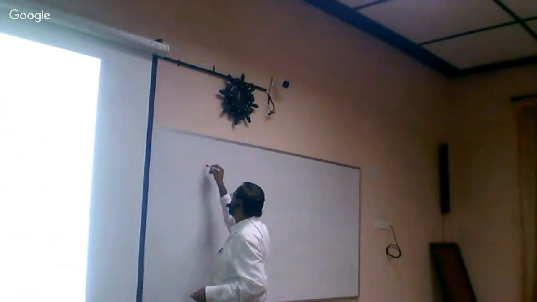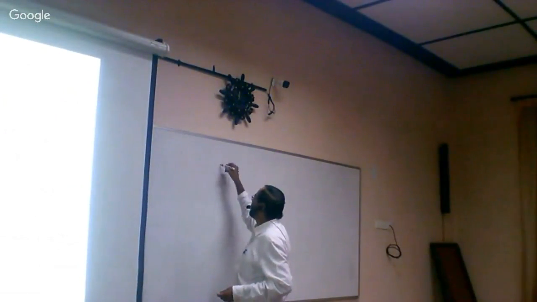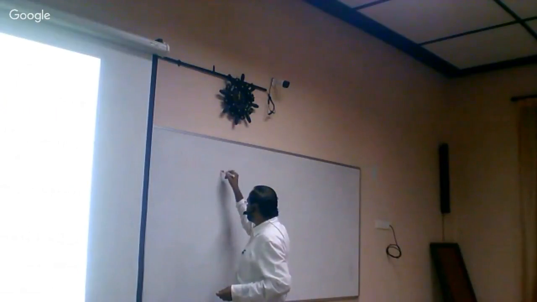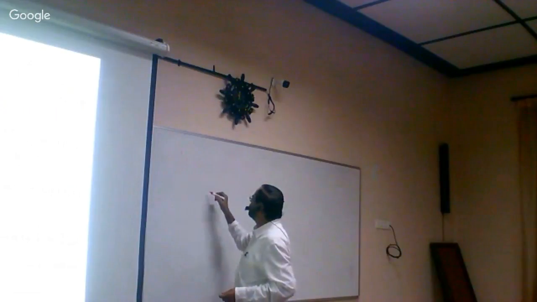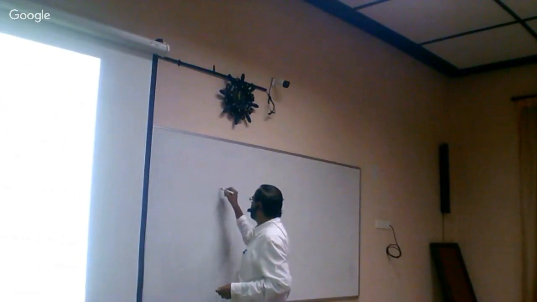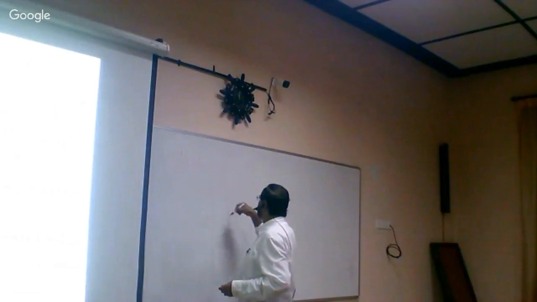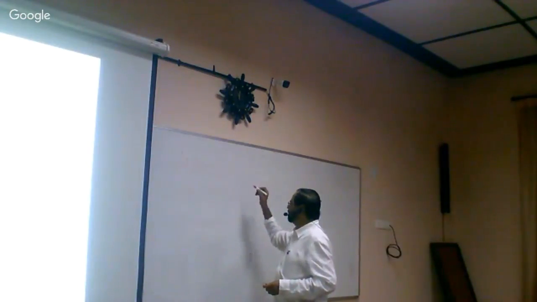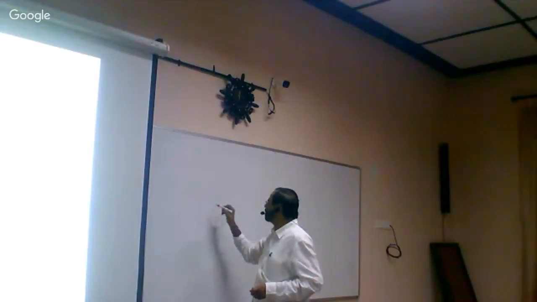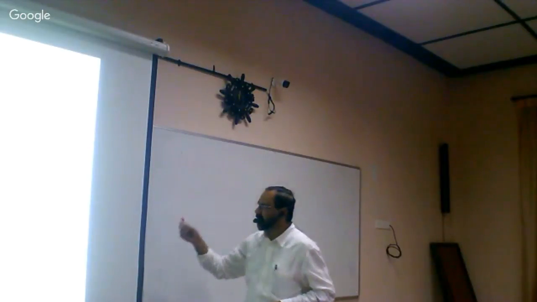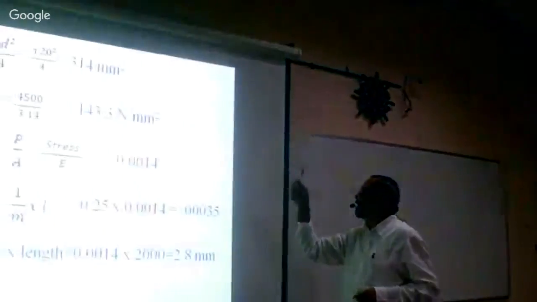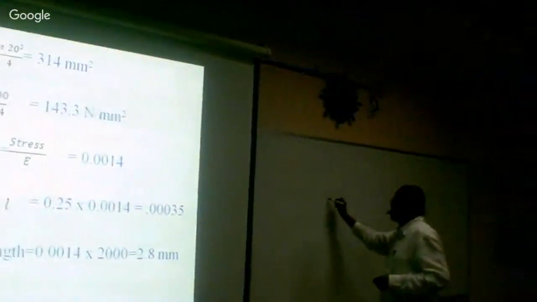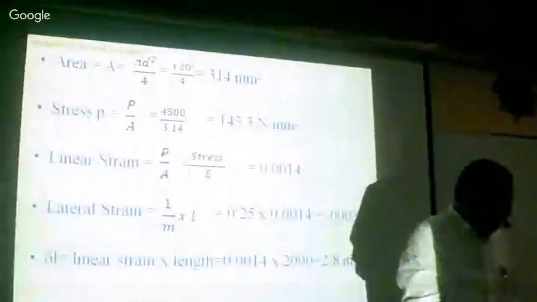We know that lateral strain is equal to delta D divided by D original. Therefore, change in diameter delta D is equal to lateral strain multiplied by original dimension D. If we have both values, this lateral strain you have calculated here, multiplied by the diameter they have given, substitute this, you will get the change in diameter.